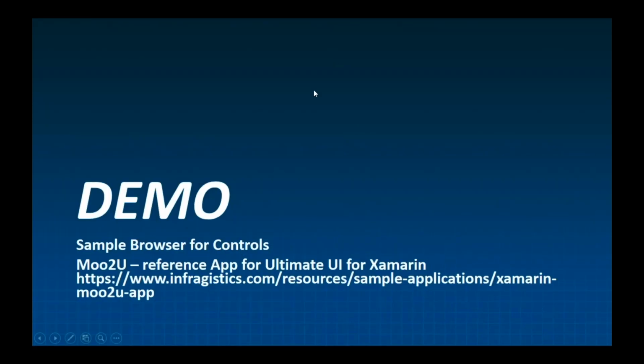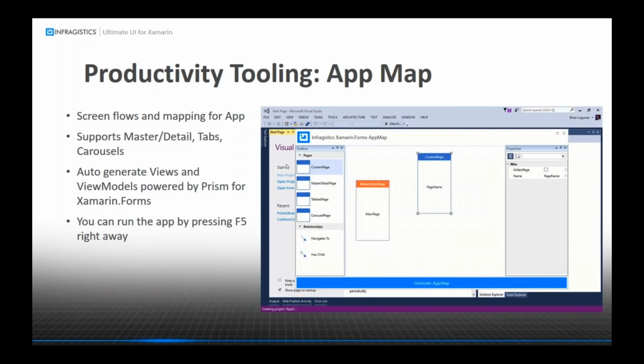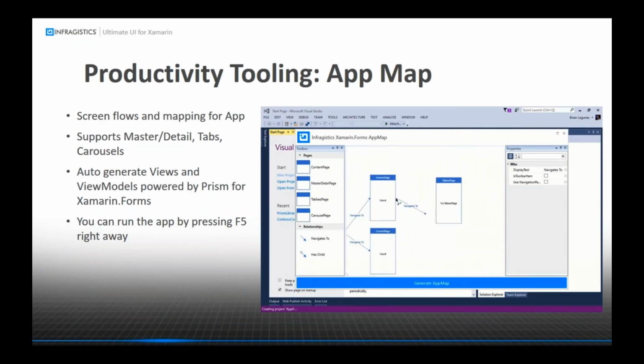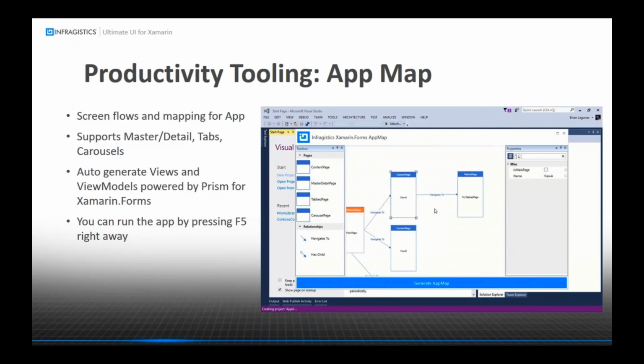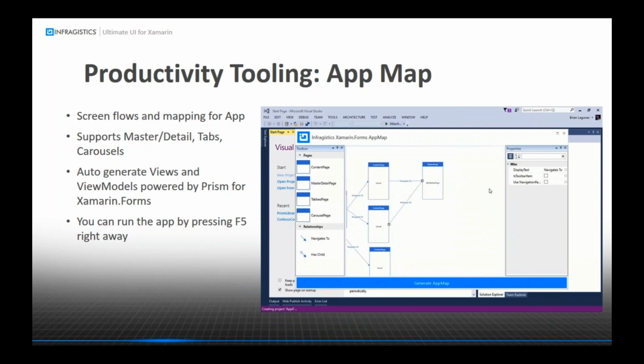So next, I'm going to talk about the other tooling stuff. From now on, I'm going to create my own application here. First, we provide App Map, which allows you to visually design your application flow with the screens, master detail, tabs, UI patterns.